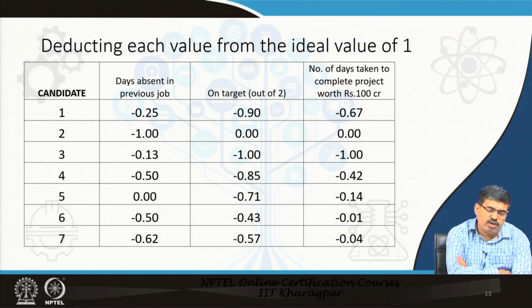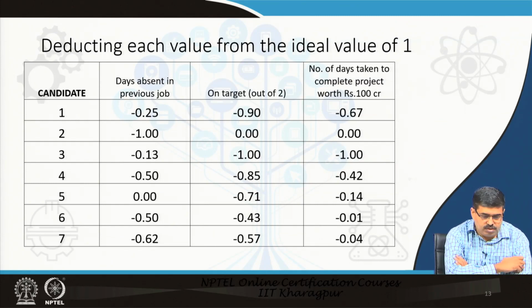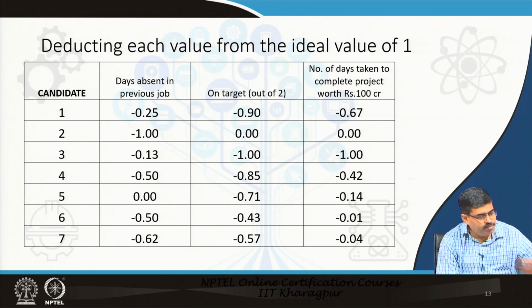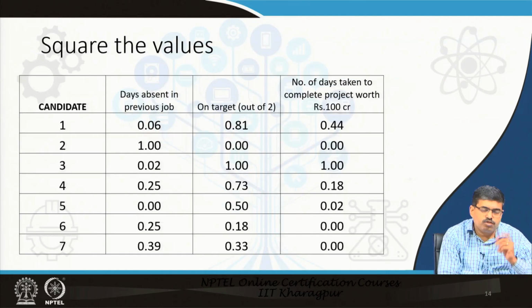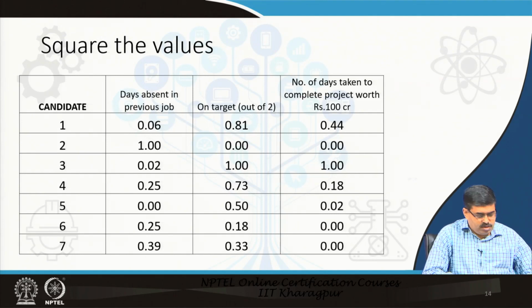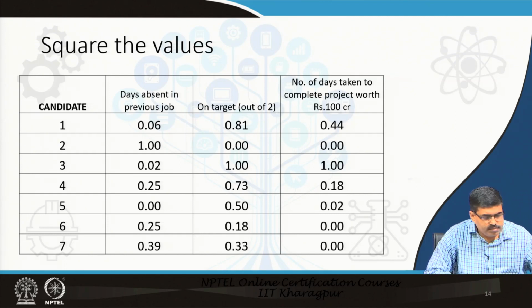This 1 is the ideal value. That you will have to remember. So, deducting 1 from each value, we get this table. Okay. Square the values, fine, we have squared the values.